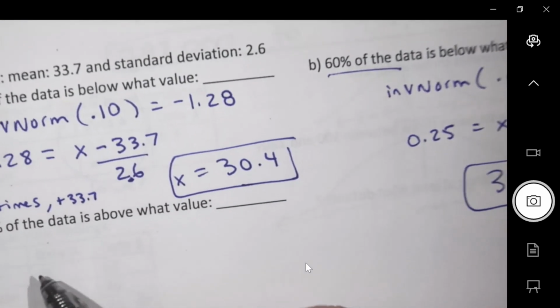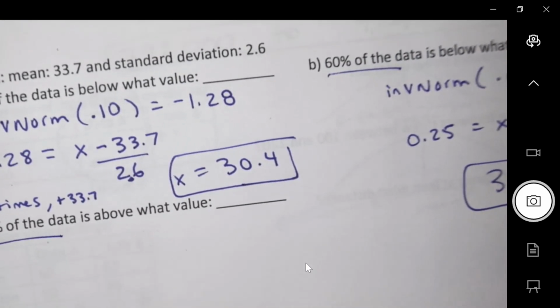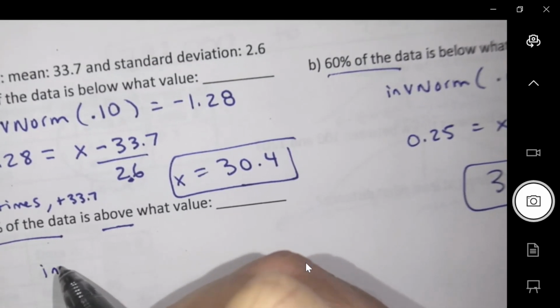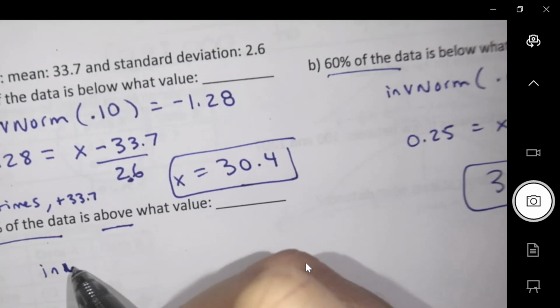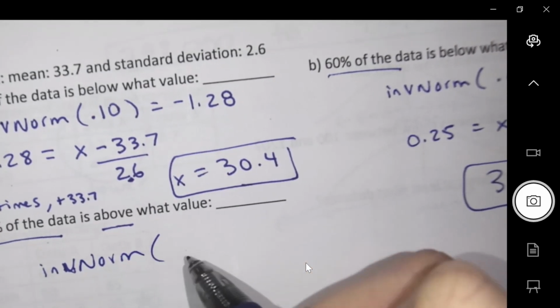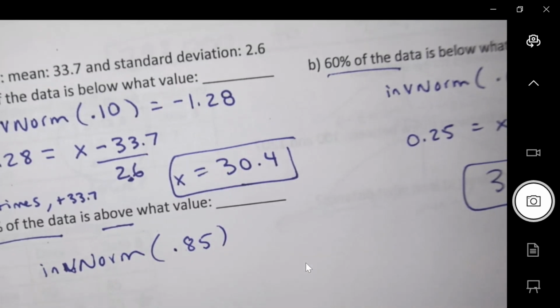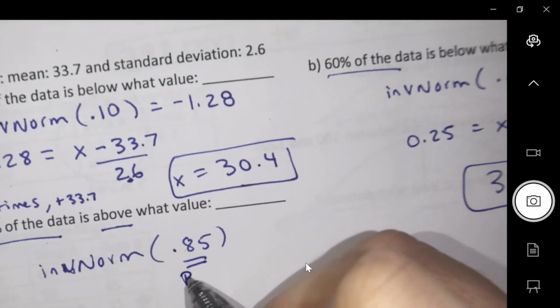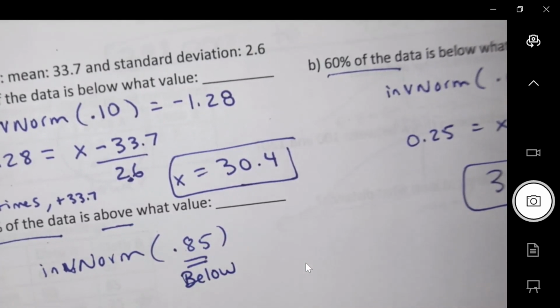Okay, the last question says 15% is above you. What's going to go on here? You're typing in 0.85 there. Okay, everybody has that written on their cheat sheet. You always do the below.